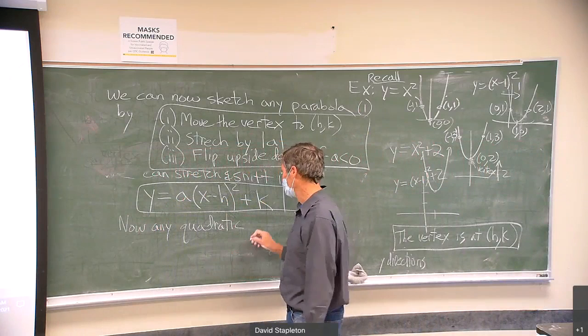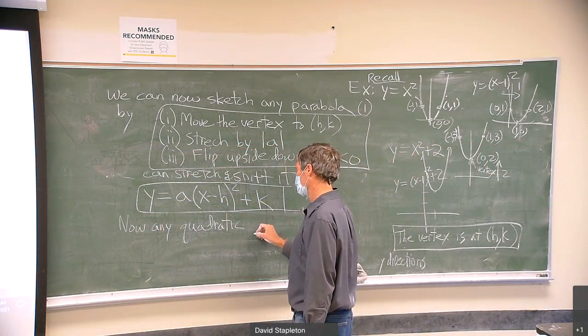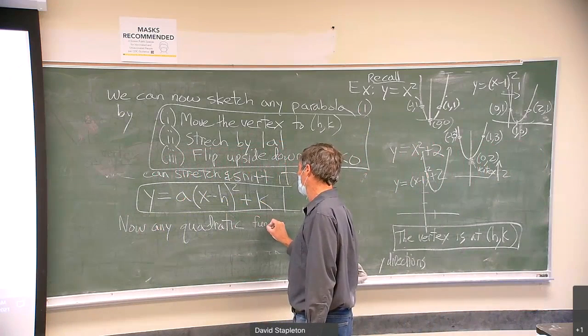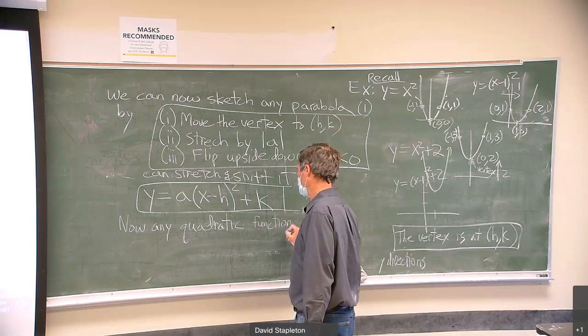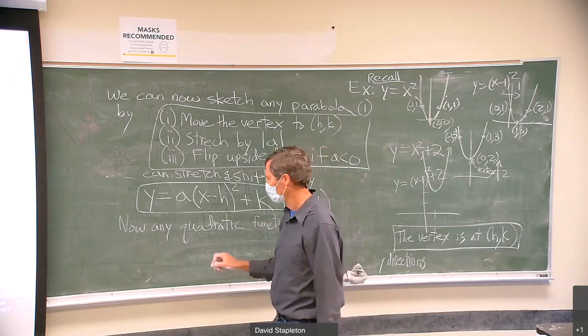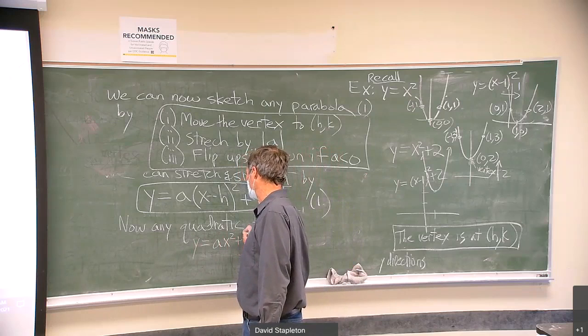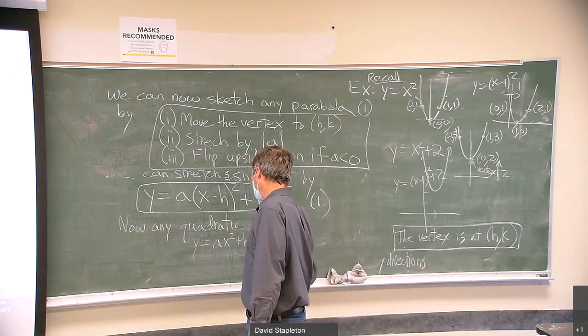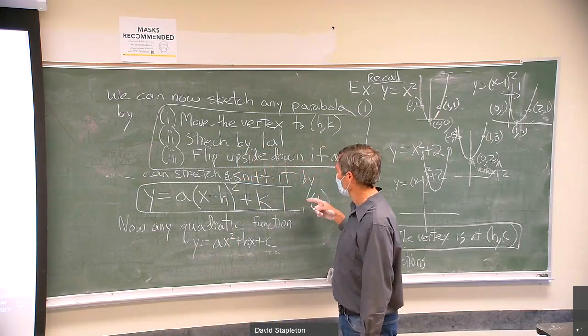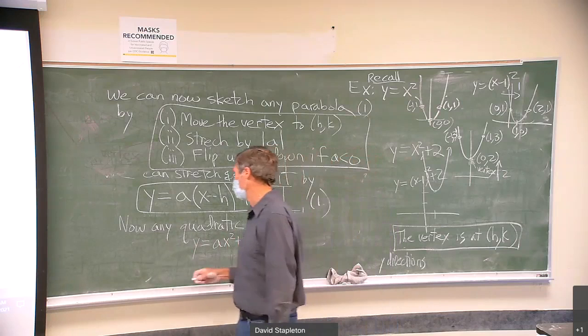Starting to come fast, isn't it? Slow me down if you need to. Quadratic function. What's a quadratic function? y equals ax squared plus bx plus c. Just a second degree polynomial. It can be put in form 1 by completing the square.